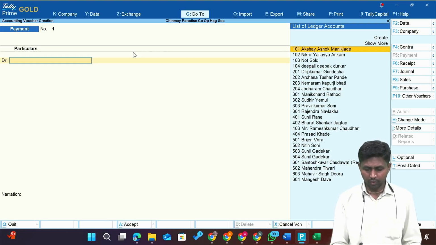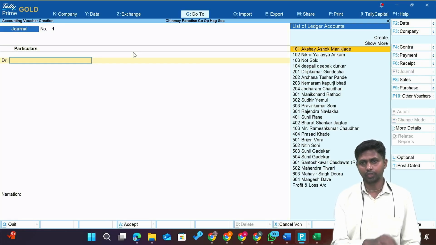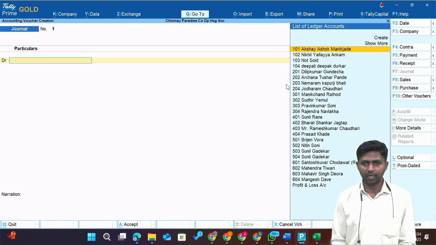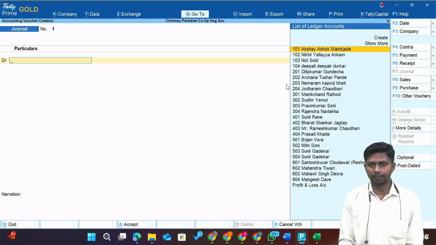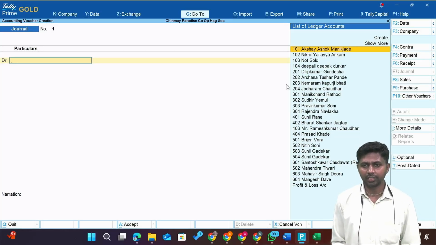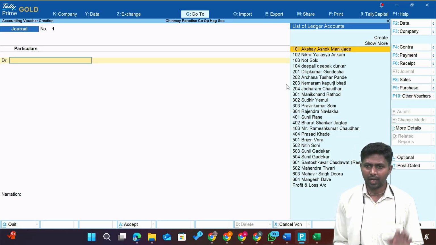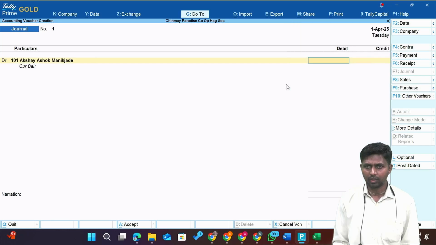Now, do one thing, use the journal voucher type. Journal voucher, F7 you can press, or here you will find journal F7, and in the journal, now the maintenance entry. Maintenance is your income. Therefore, you must give maintenance charges credit and to all members debit. Now, to all members one by one you will find all the flats, 101.